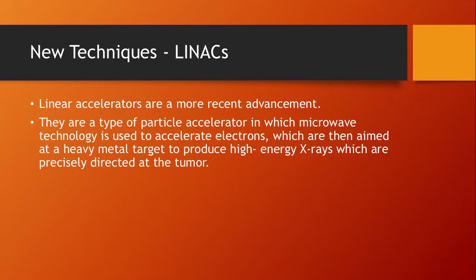They are a type of particle accelerator in which microwave technology is used to accelerate electrons, which are then aimed at a heavy metal target to produce high energy X-rays, which are precisely directed at the tumor. So again, we're targeting specific sites in the body and then hopefully using the radioactive material to destroy those cancerous cells.